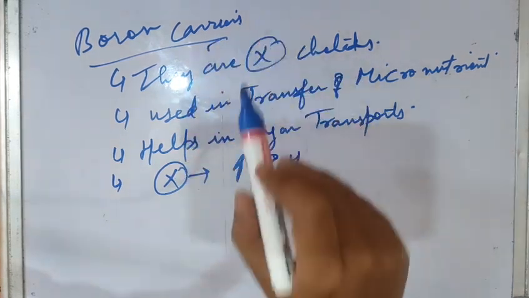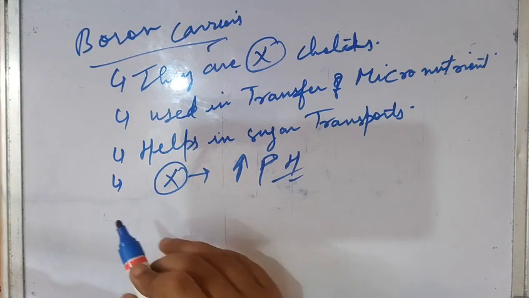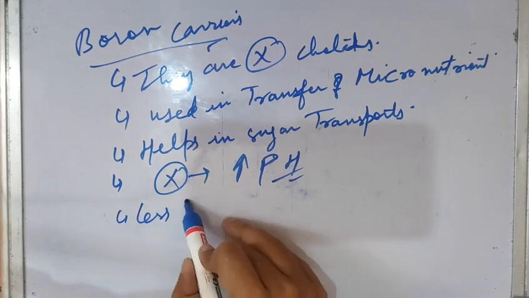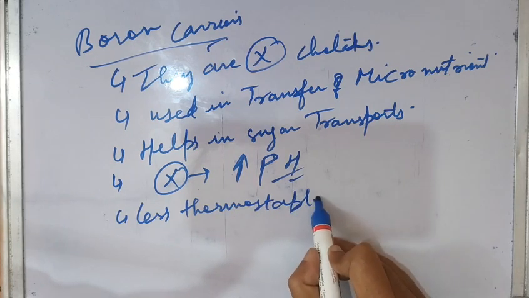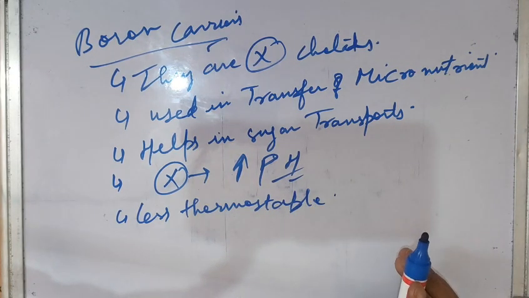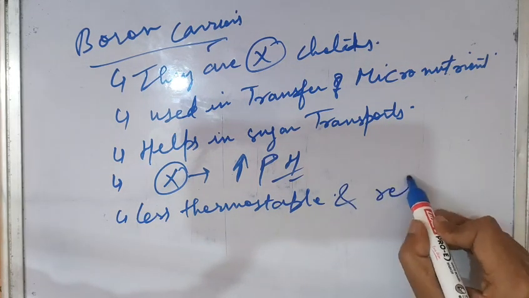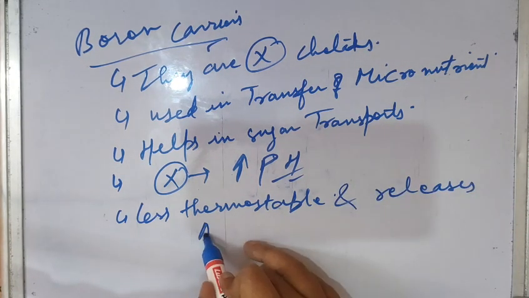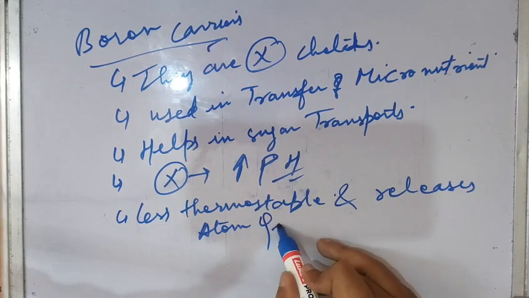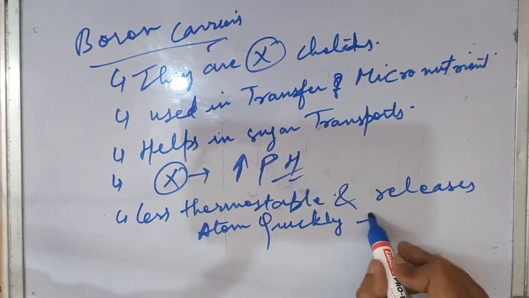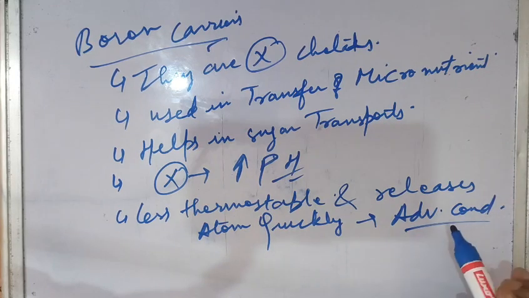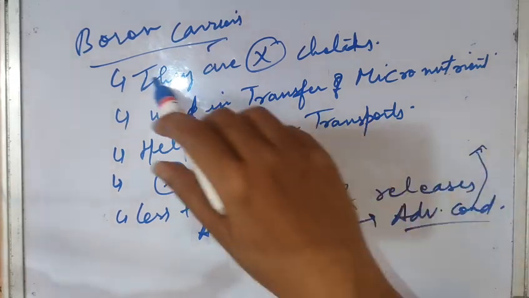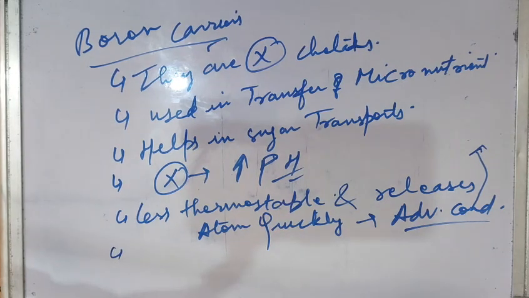In high pH, boron carriers are not available. They are less thermostable. With changing temperature they are not stable, and release atoms quickly in adverse conditions, whereas chelates are mostly stable in adverse conditions, but boron carriers release their atoms in adverse conditions.